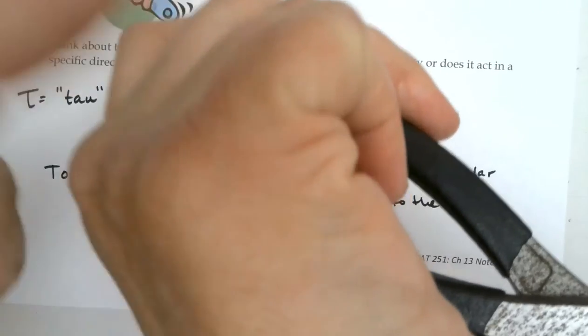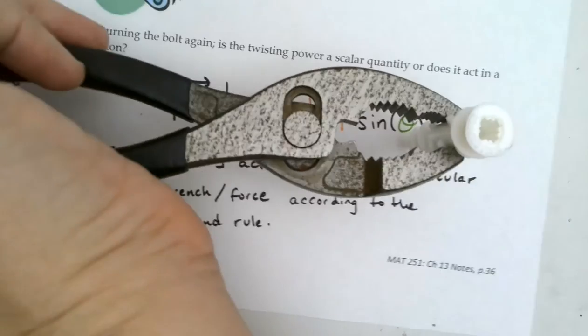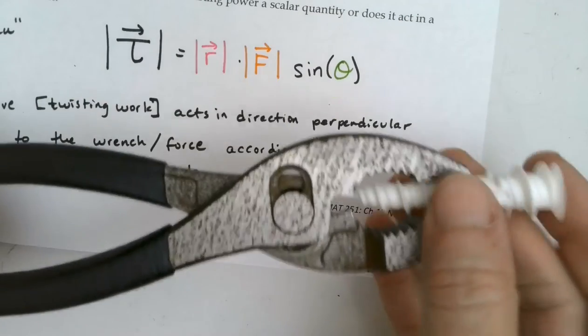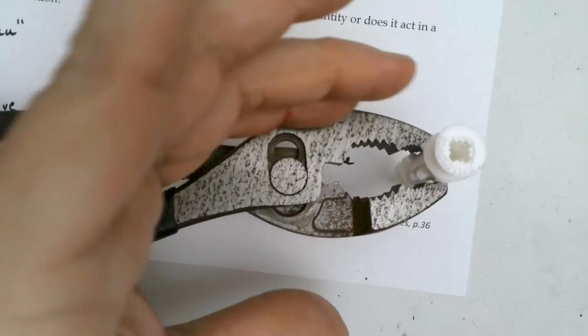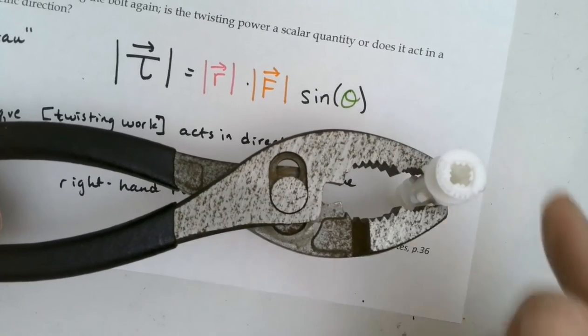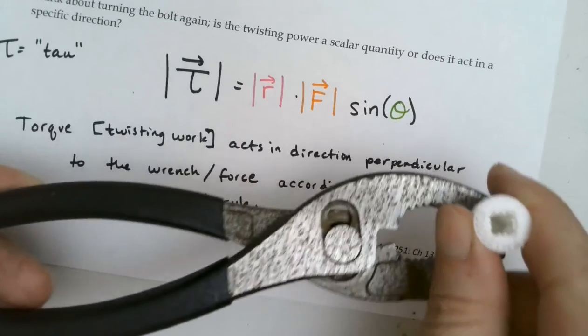So my fist is up here, my thumb is downward. And it goes down the bolt. So if you push this way, your torque goes down the bolt, which is why twisting it this way tightens it, because you're driving the torque down into the wood, although I can't do that on this paper.